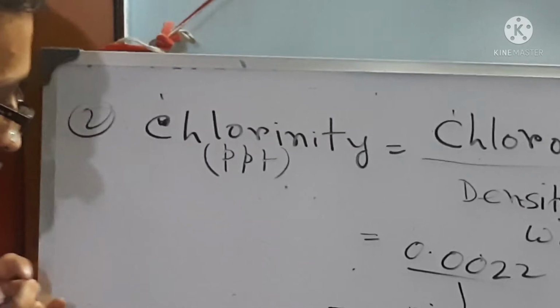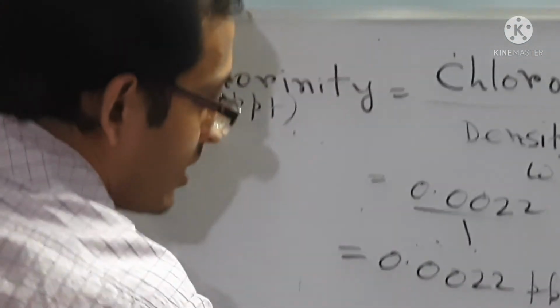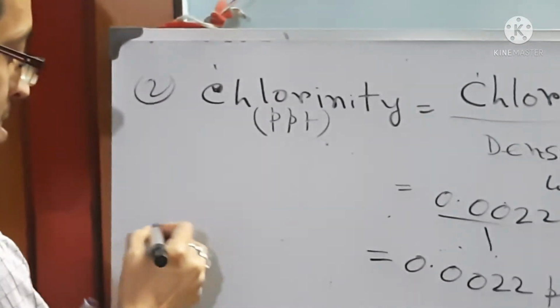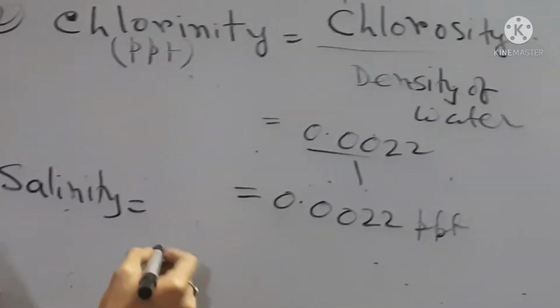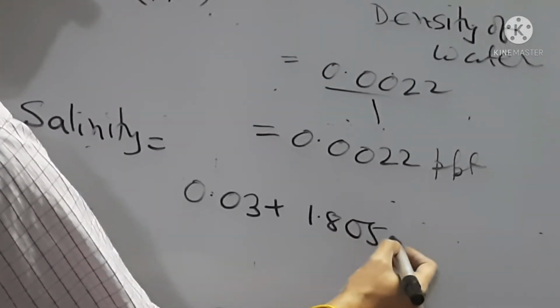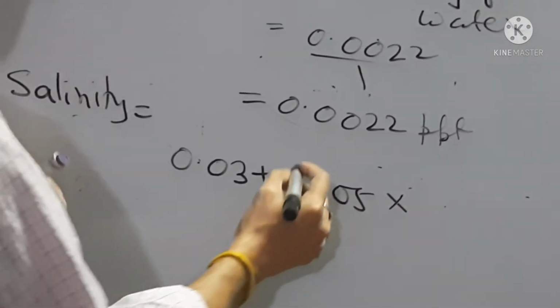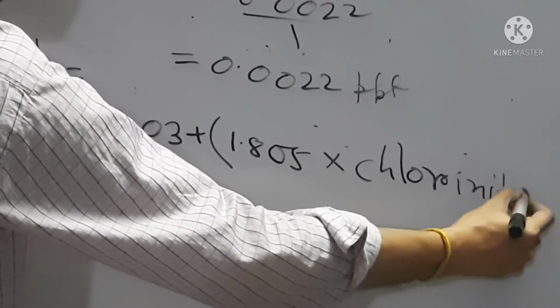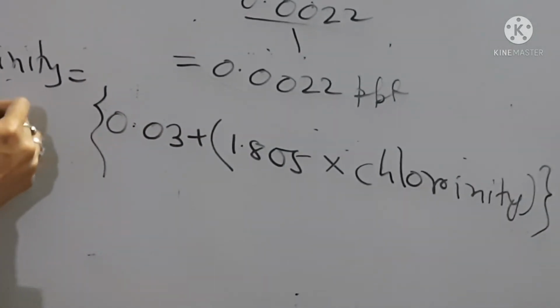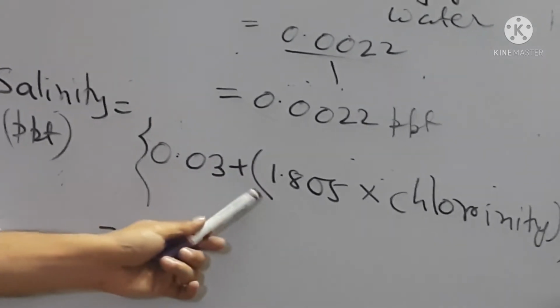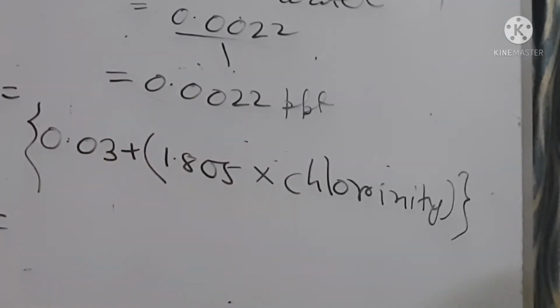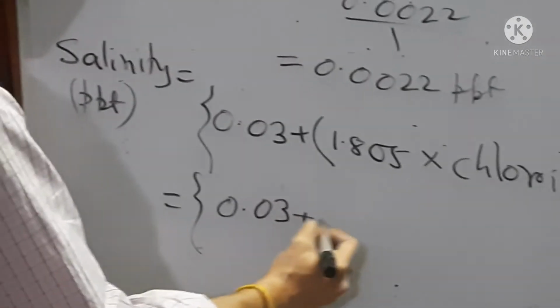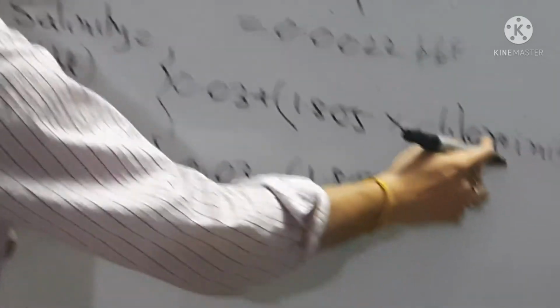Next we have to do salinity. The formula of salinity is 0.03 plus 1.805 into chlorinity. Chlorinity is this one.